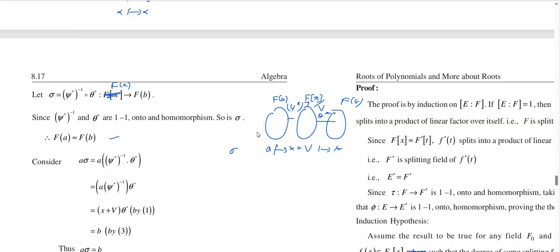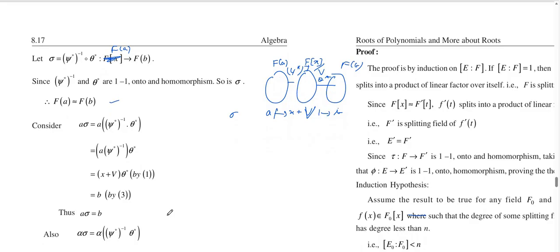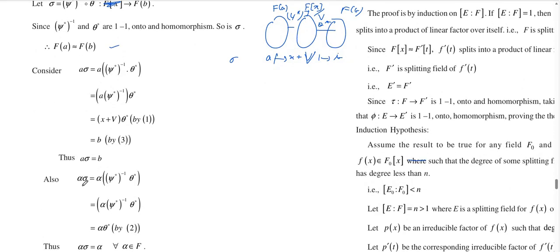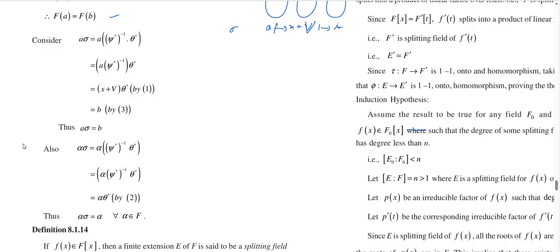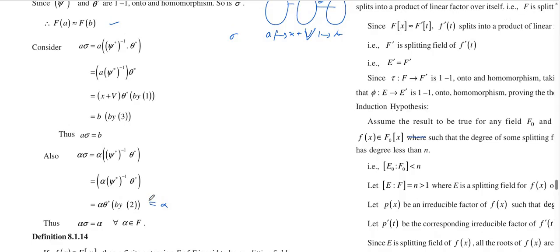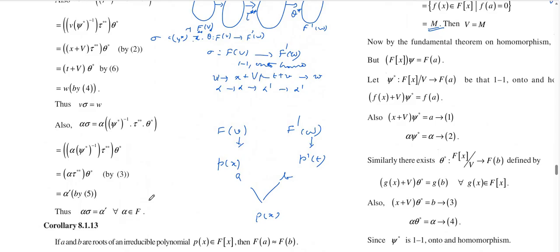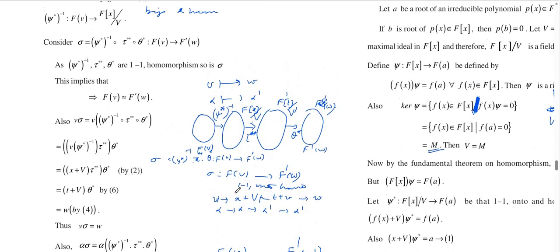So you have this is small b, this is capital V, this is small b. So you have your a being taken to small b, and alpha sigma again as this. ψ star inverse leaves that one as such, theta star also leaves that as such. So you have this to be equal to alpha. So sigma takes alpha to itself. So we have just the replica of this theorem, we have this corollary.